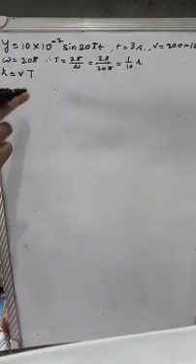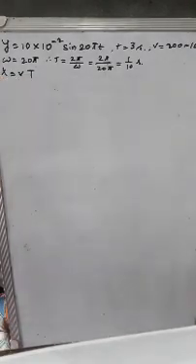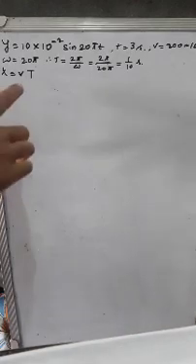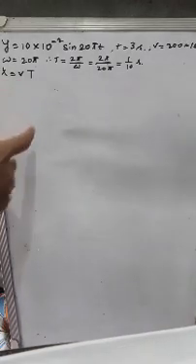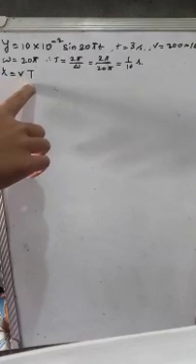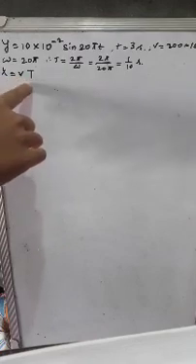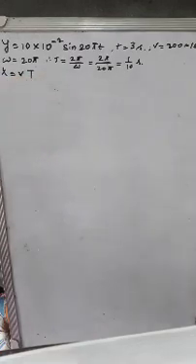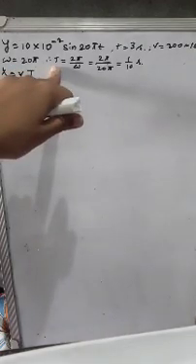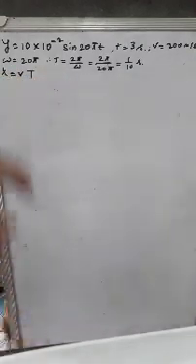You can ask why I have chosen this formula. There are many other formulas to find the value of this wavelength lambda. Why have I chosen this, students? To find out lambda, I have written V and T because V and T's values are given in the question. T's value you have calculated here, but V's value is given in the question.